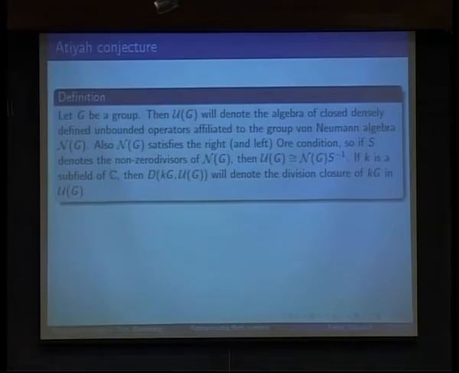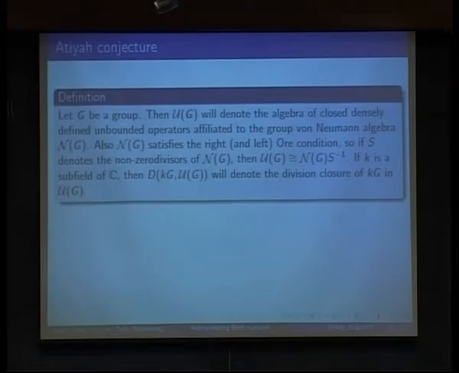So, the relation with the Atiyah conjecture. Let G be a group, then U(G) will denote the algebra of closed, densely defined unbounded operators affiliated to the group von Neumann algebra N(G).